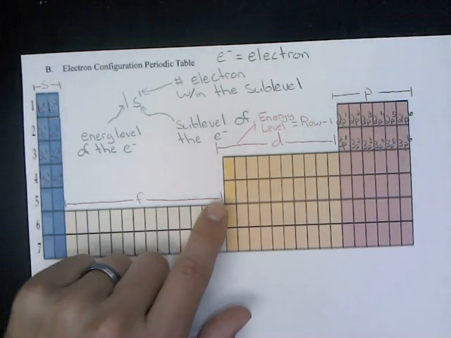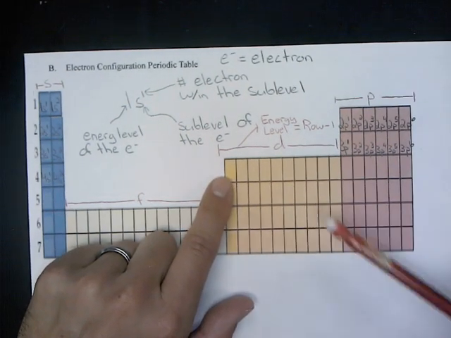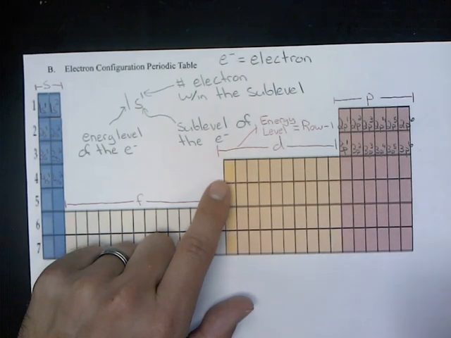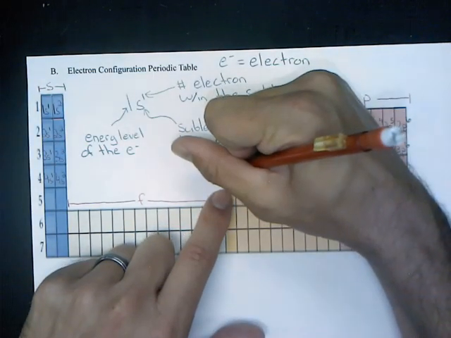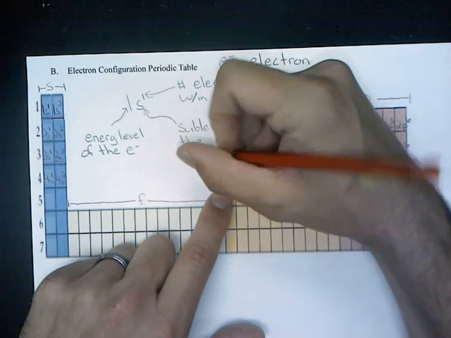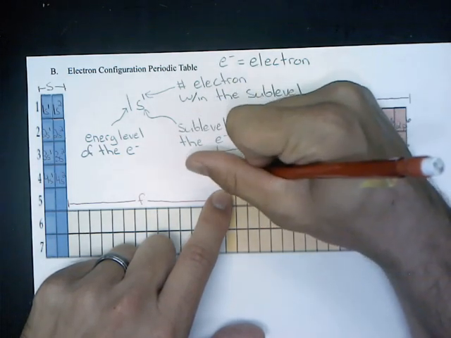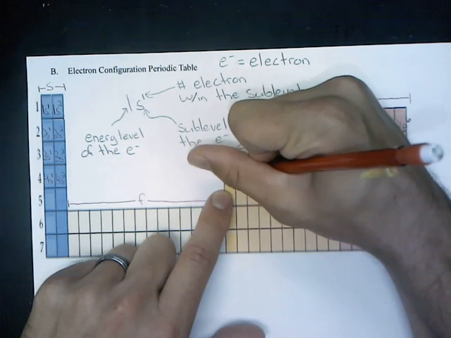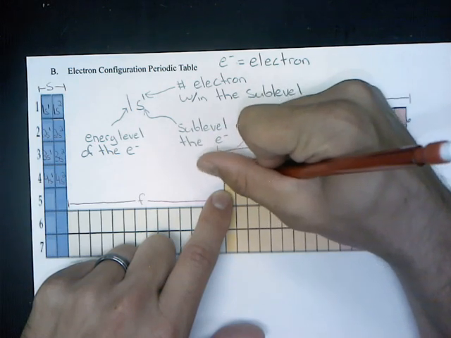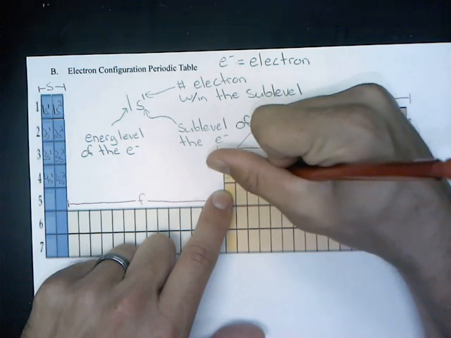So the energy level, because we're in the fourth row for these d electrons, is 4 minus 1. So our first orange box here, which would represent scandium, is 3d1. The next box over is 3d2. And we're going to do this all the way to 3d10.